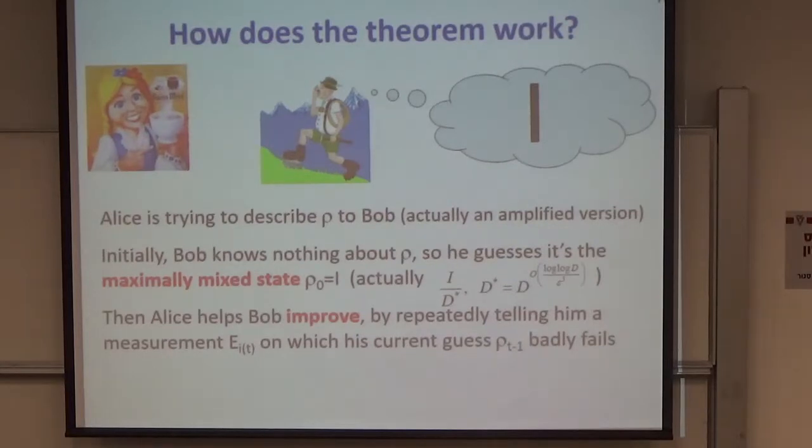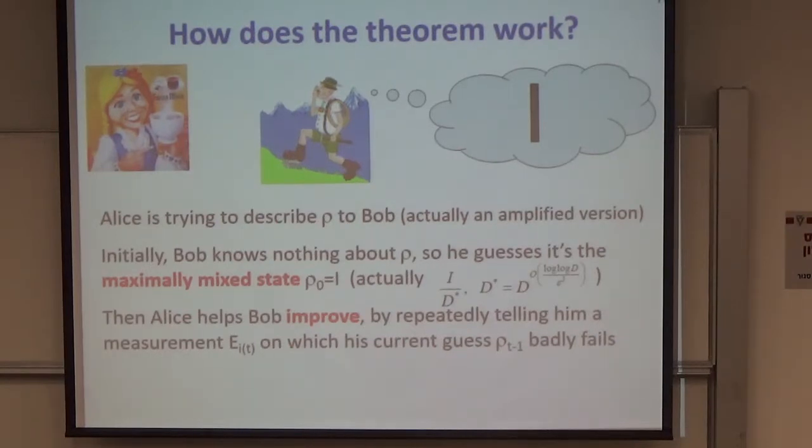Now, what Alice is going to help Bob do is repeatedly improve his guess by telling him the identities of measurements in his list where his current guess would lead to a badly wrong answer.